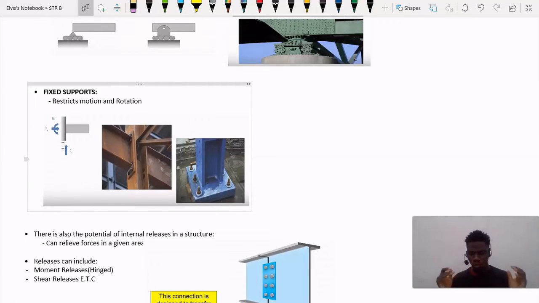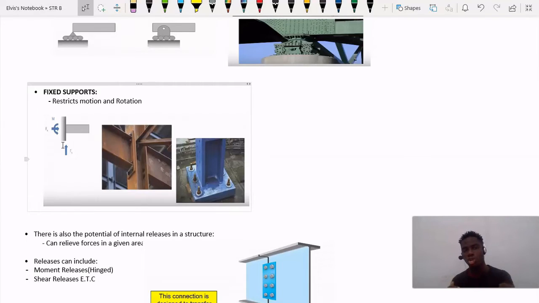Now guys, we tend to see this whenever we have a column connected into the ground, or whenever we have a structure that is connected to the ground. Of course it is going to be fixed, because we don't want the structure to rotate. We don't want the structure to move from one position to another.